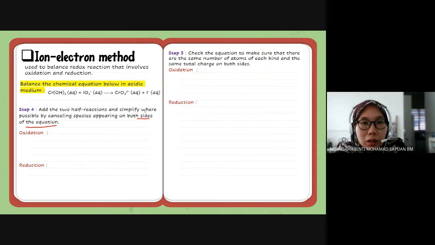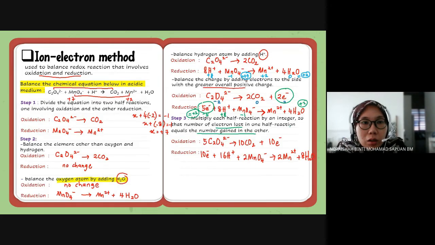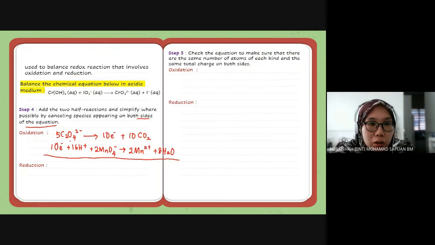Okay, untuk oxidation dengan reduction. So kita copy baliklah. So here the equation. Okay, so kita akan tambahkan semua equation ni, reactant dengan reactant, produk dengan produk, and then kita akan cancel species yang sama.